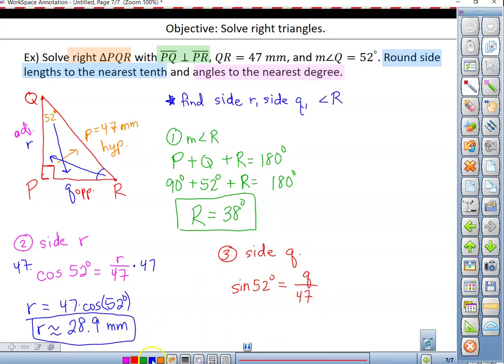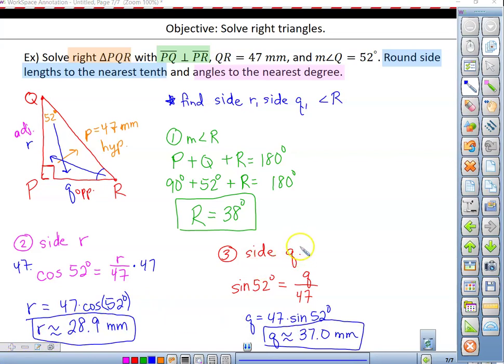And then multiplying both sides by 47 tells us side Q will be 47 times the sine of 52 degrees. And now we can use our calculators, and rounding to the nearest tenth, we should get about 37.0 millimeters. You'd need that 0.0, remember, because that's in the tenth spot, which is what we are rounding to.